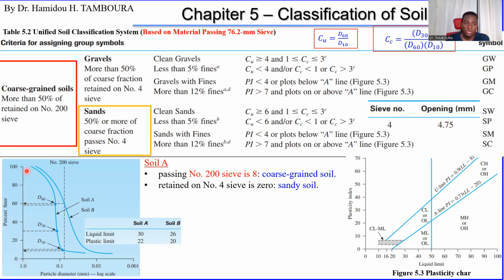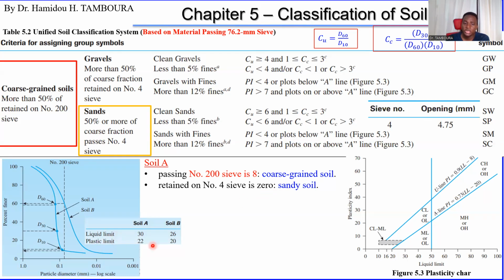It means all this 100% has passed the 1 millimeter diameter. It means that 100% of the soil particles are smaller than 1 millimeter, so obviously they will also be smaller than the opening 4.75. Everything is passing this sieve. Again, nothing is retained on this sieve.